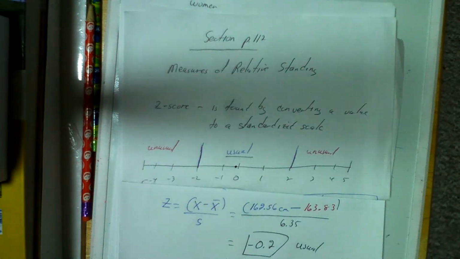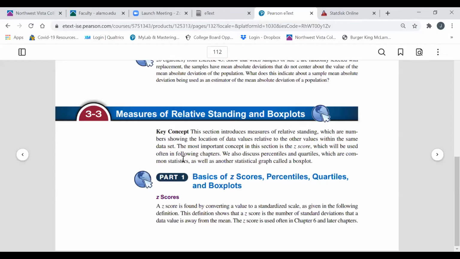The one in the book has an example of extreme tallness and extreme shortness. So if we go to our exercises, we'll do number 13 in your book. See if I can find the page.